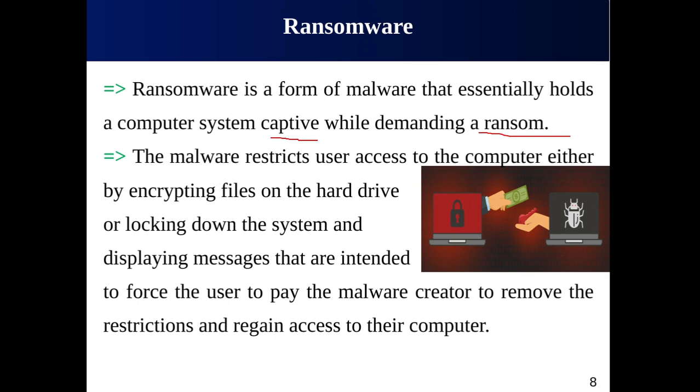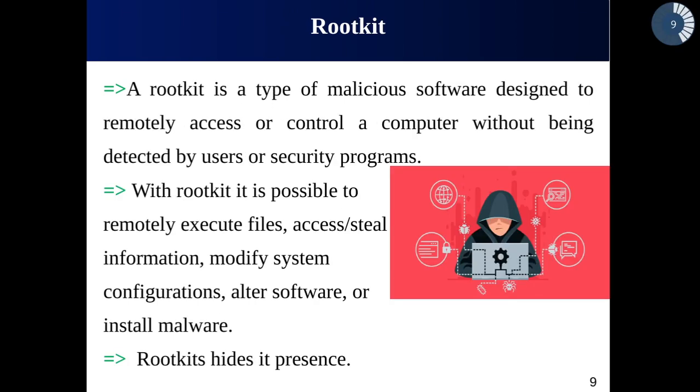And there are other flavors of Cryptolocker as well. For example, CryptoWall is a variant of Cryptolocker, and it was first found in August 2014. Besides ransomware, we have the Rootkit category of malware.